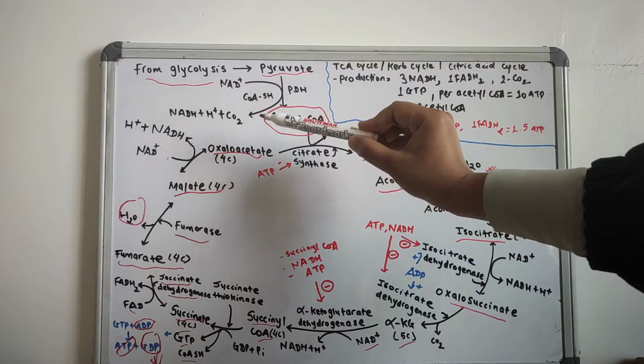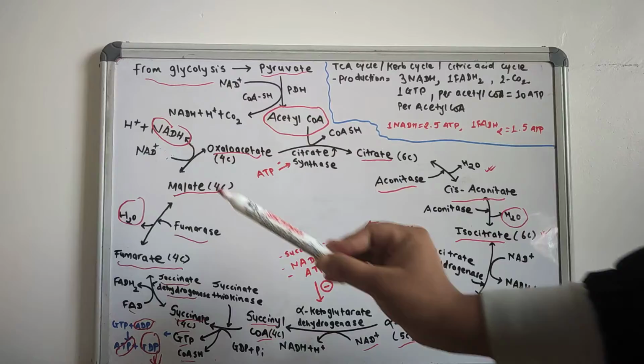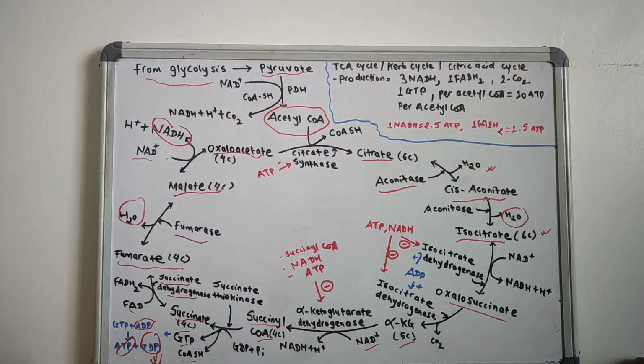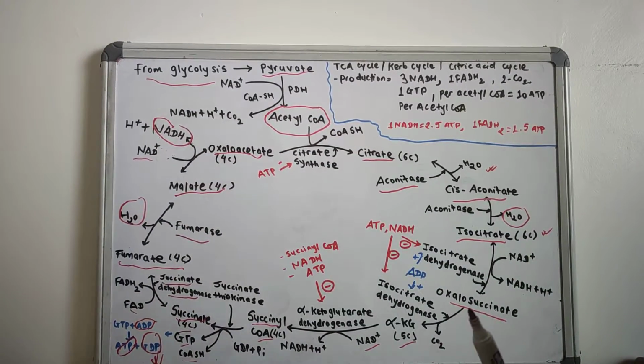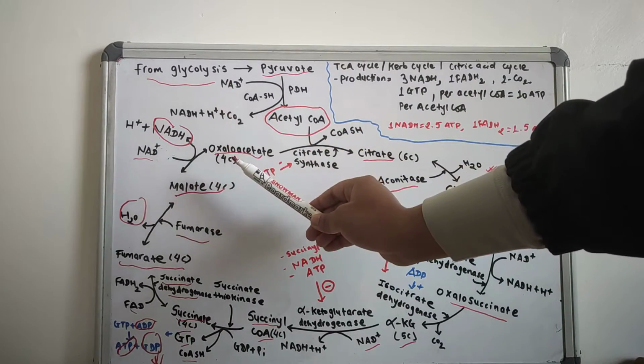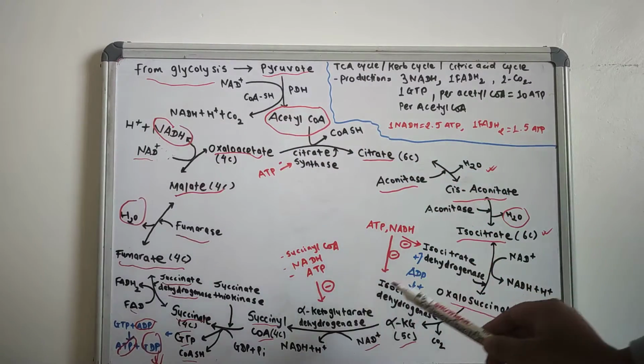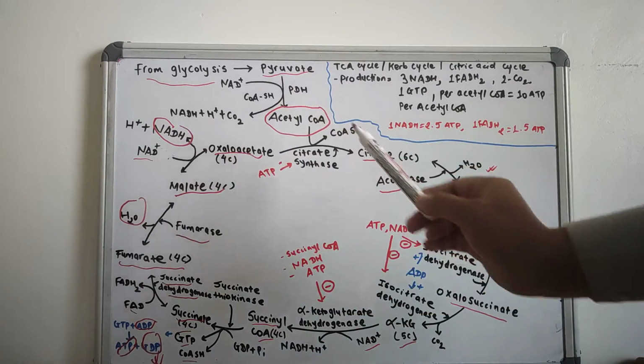From the malate, oxaloacetate is produced by the action of malate dehydrogenase, and NADH is also produced with the help of NAD+. So this cycle goes on and on.